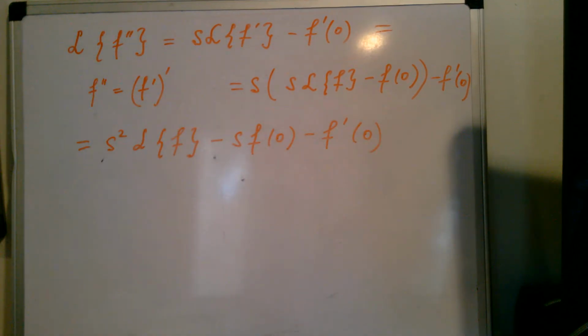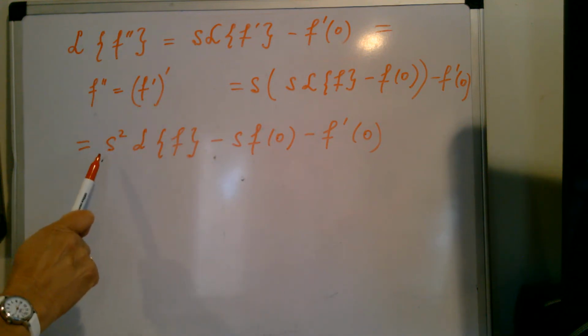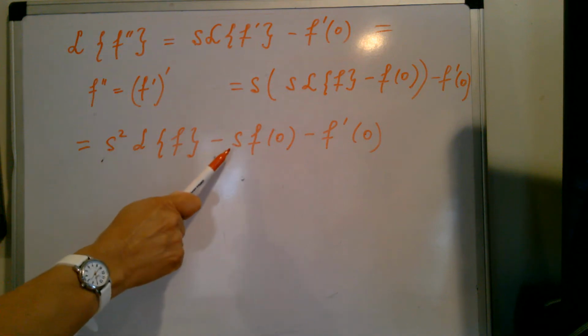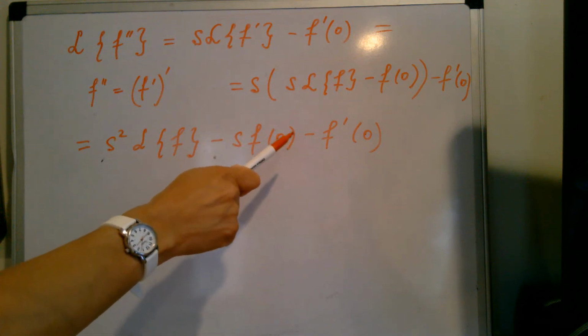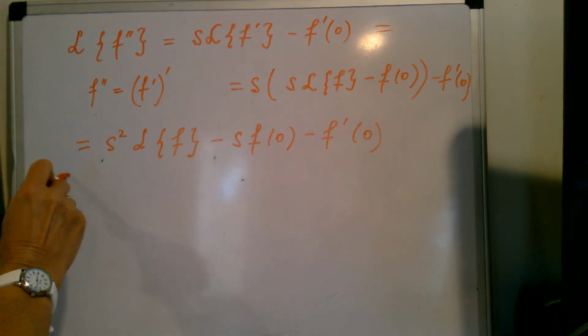You can see that we can actually get the Laplace transform of any derivative of f if you do know the Laplace transform of f. It's just the Laplace transform of f multiplied by s squared or cube or whatever, and here s times f of 0 and minus f prime. What if I want to take the nth derivative, in general?